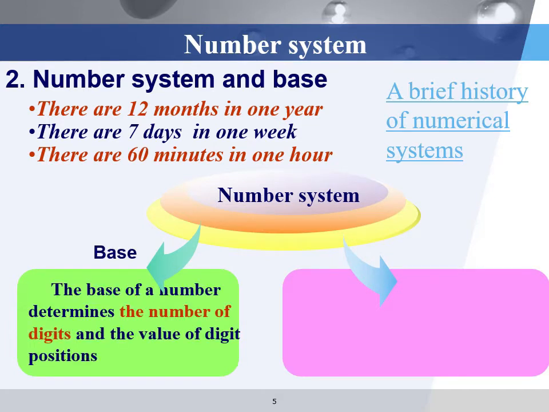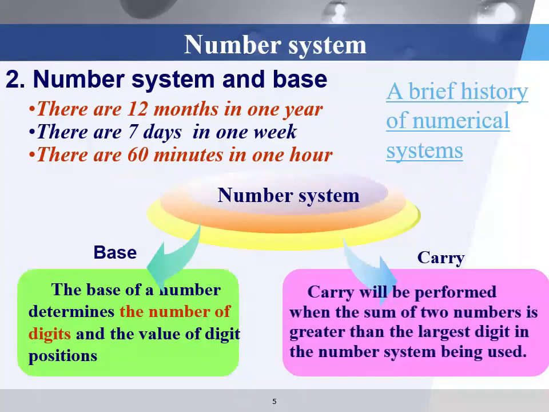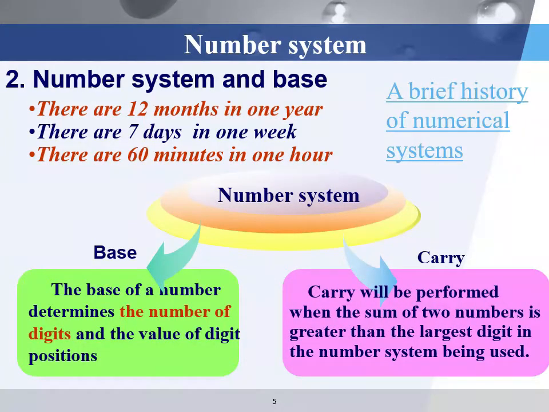The base of a number system determines the number of digits in the number system and the value of the digit's position. A carry will be performed when the sum of two numbers is greater than the largest digit in the number system being used. For example, we have 7 plus 9, which equals 16.